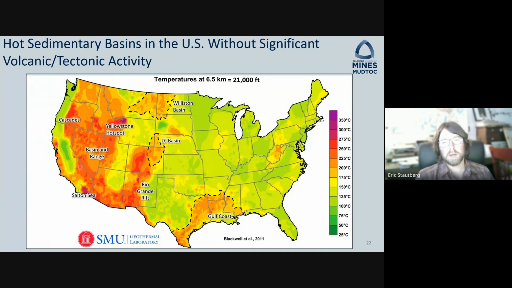But when I looked at this map, the Williston Basin, the Denver Basin, and the Gulf Coast really popped out to me because these are places where we don't have active volcanism or ongoing tectonics, but they're abnormally warm sedimentary basins compared to others, like the Anadarko Basin, which really isn't showing up here. So we're going to focus in on the Gulf Coast for the remainder of this presentation.